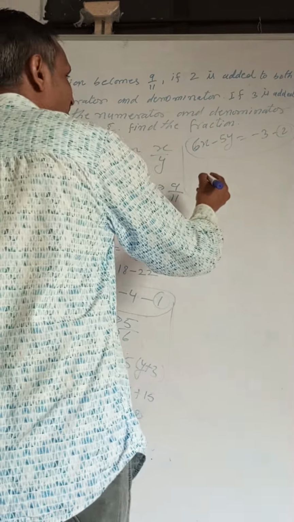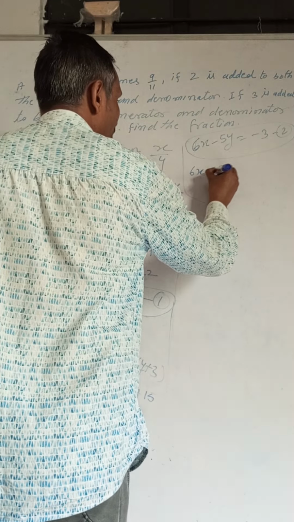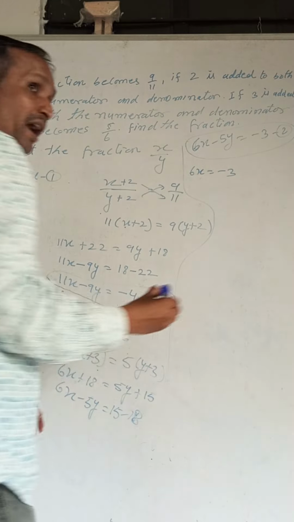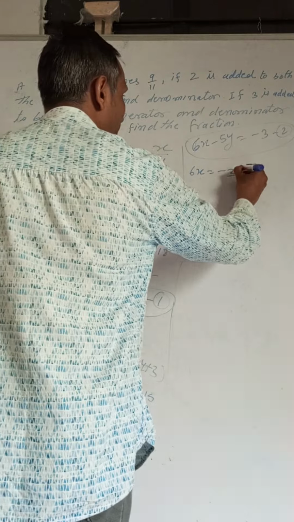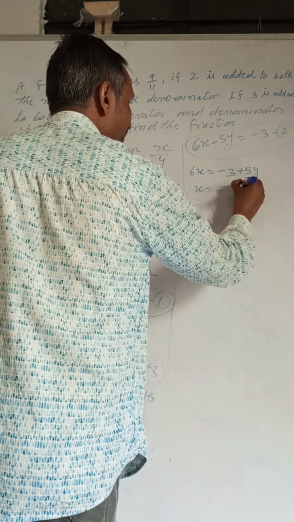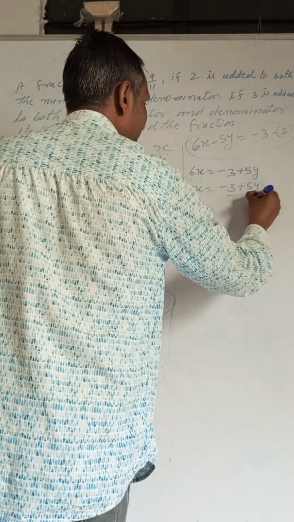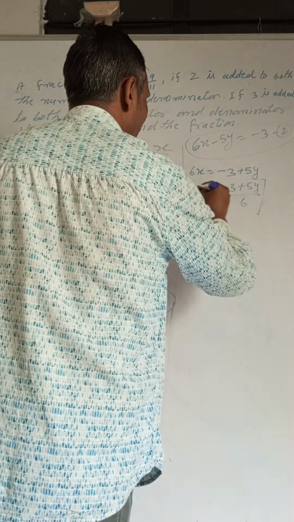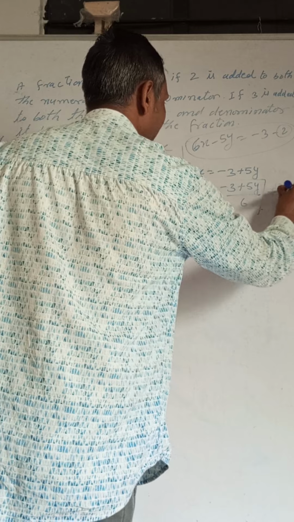So 6x is equal to minus 3, and the minus 5y goes to the other side and becomes plus 5y. Then x is equal to 3 plus 5y by 6. This is the third equation.